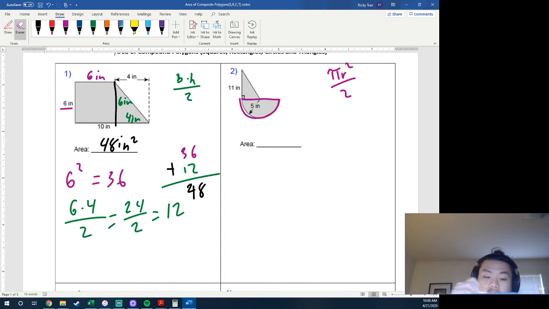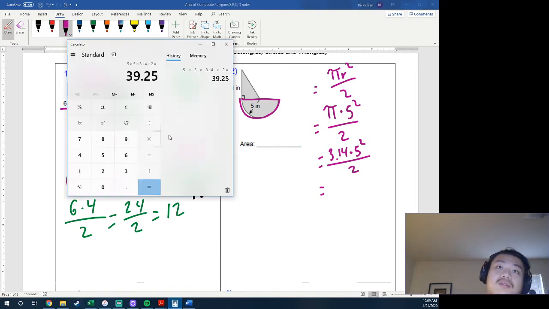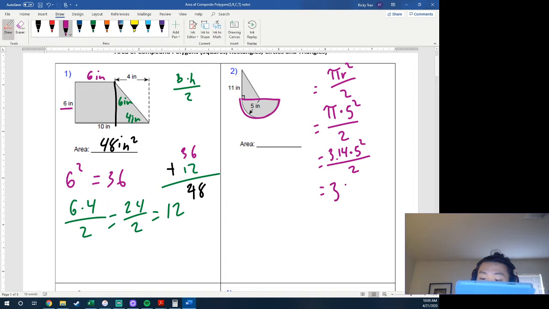The radius is 5, so it's pi times 5 squared divided by 2, or 3.14 times 5 squared divided by 2. When we put that in the calculator, 5 times 5 times 3.14 divided by 2, you get 39.25.